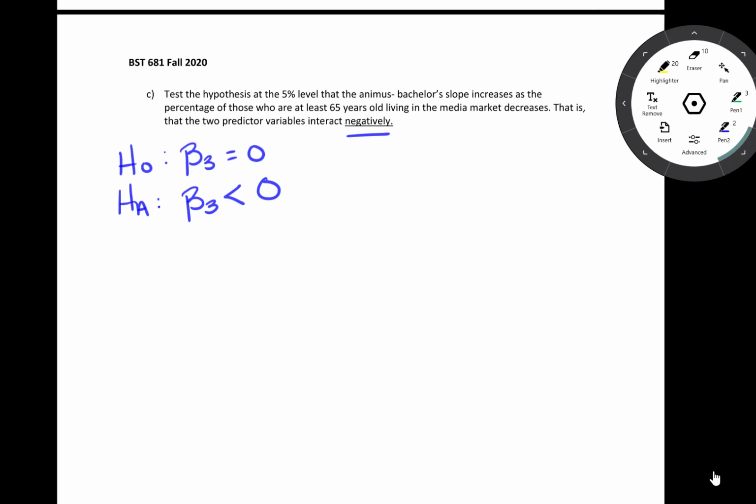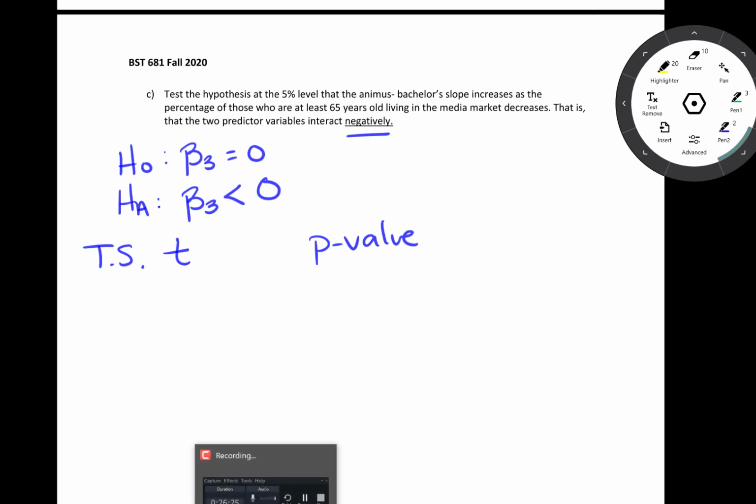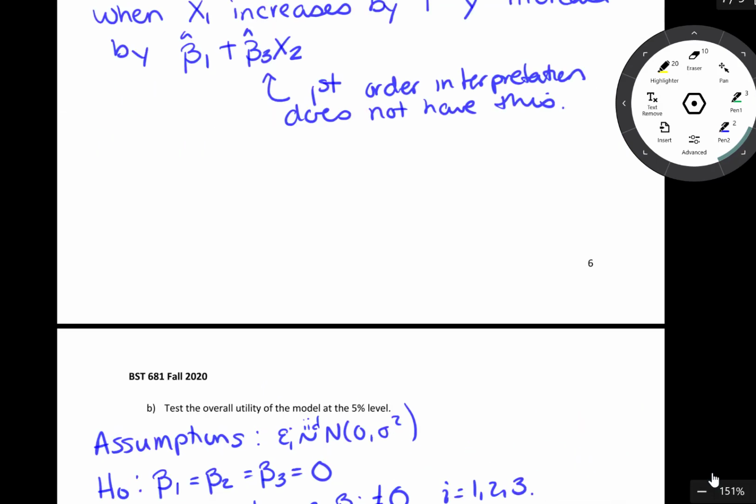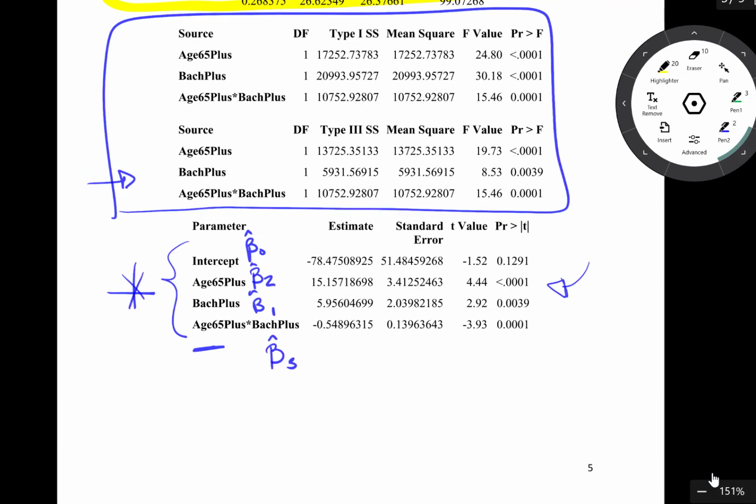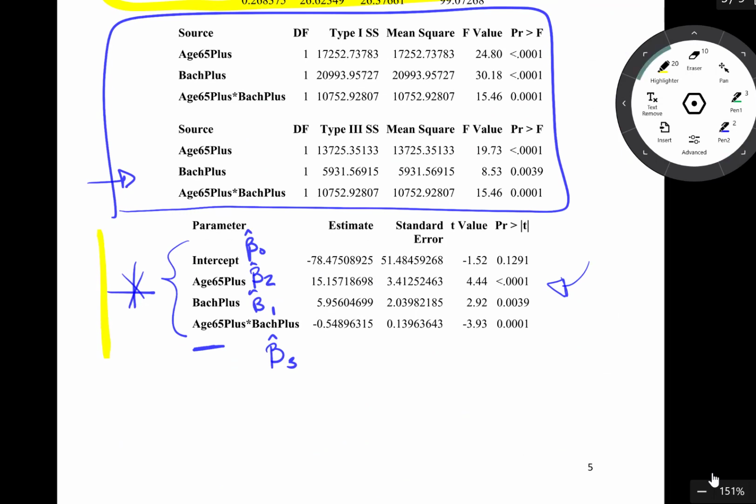The next thing we need to do is find our test statistic and the corresponding p-value. The test statistic in this case is going to be a t test statistic. Again, we're going to go back to our SAS output to find these values. So let's go back up to our SAS. Now this is where we're using this second piece of the output.